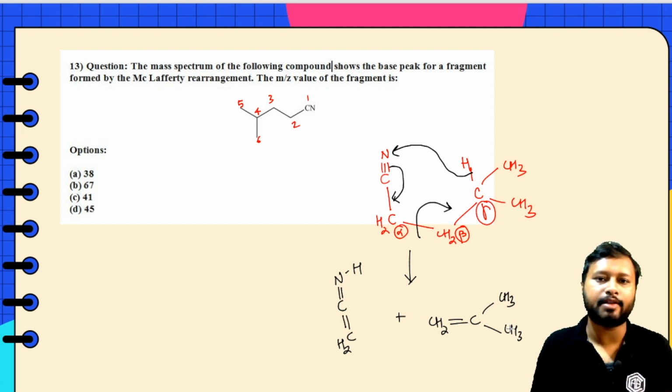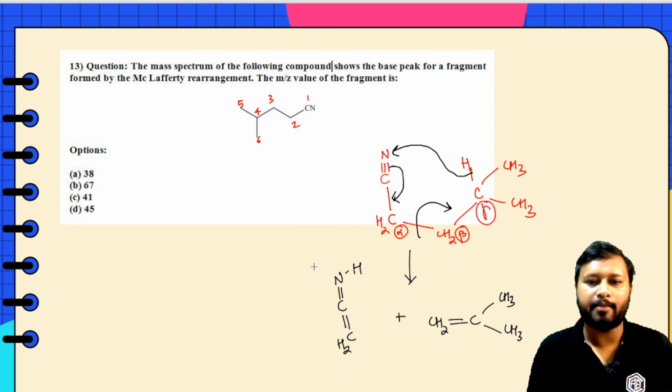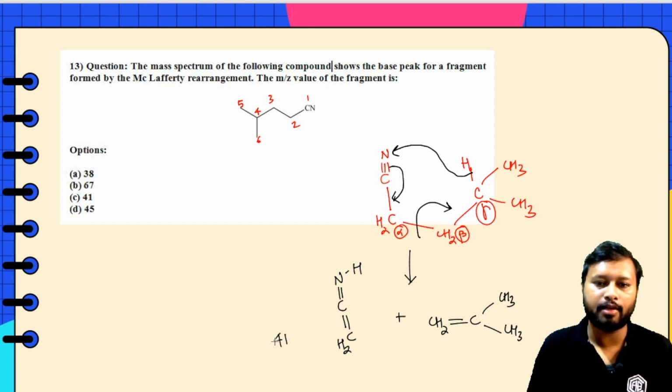What they are asking is the m by z value. If you calculate the m by z value of this, carbons have mass of 12, nitrogen has mass of 14, hydrogen has mass of 1. If you do that maths, you will get 41 m by z for this.